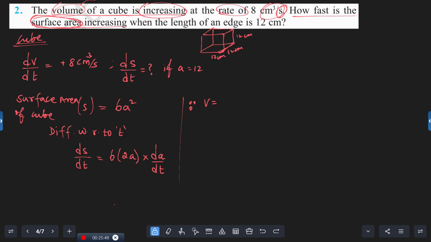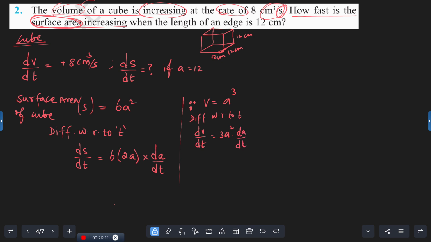Volume of a cube is a cubed. Now differentiate with respect to t. This I am doing on the side itself. So dV/dt is equal to 3a squared times dA/dt.